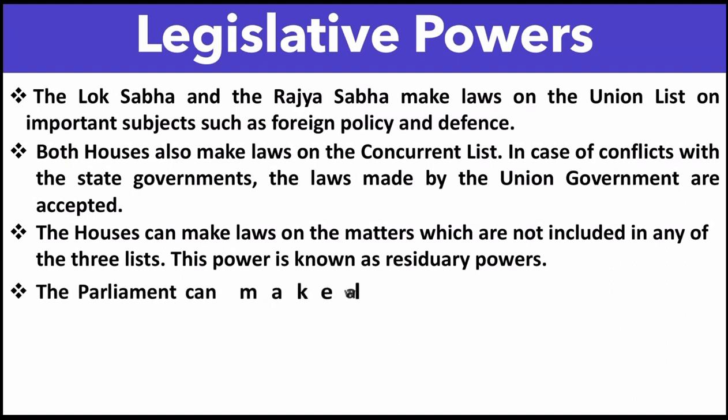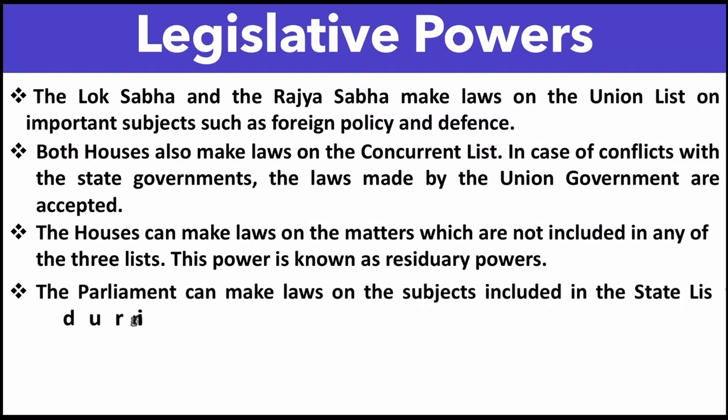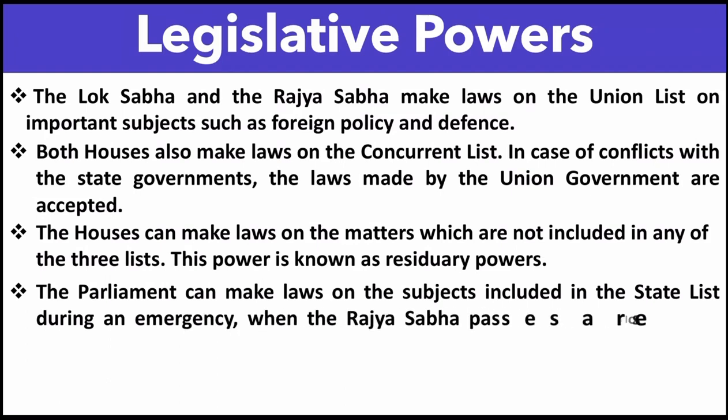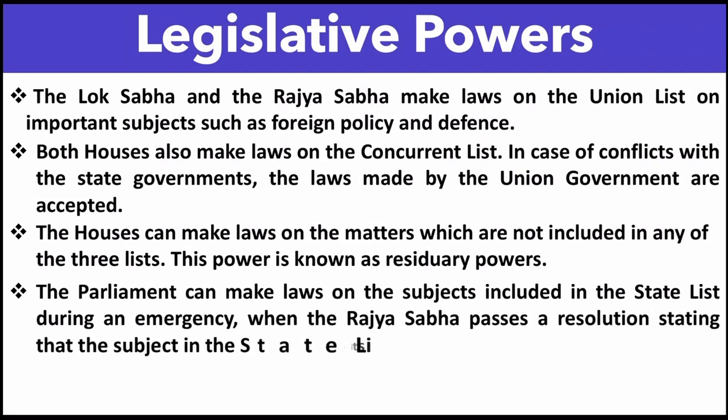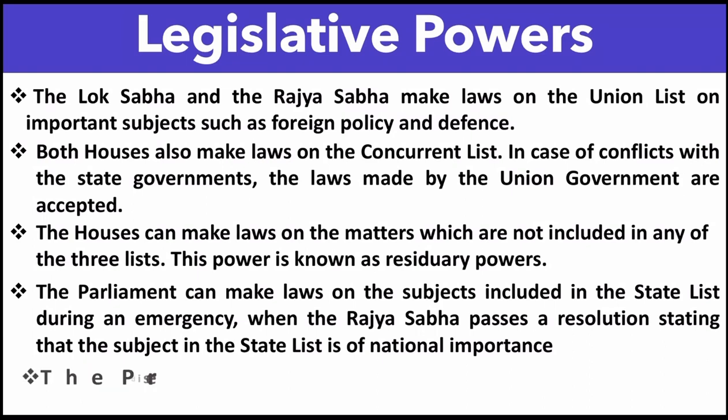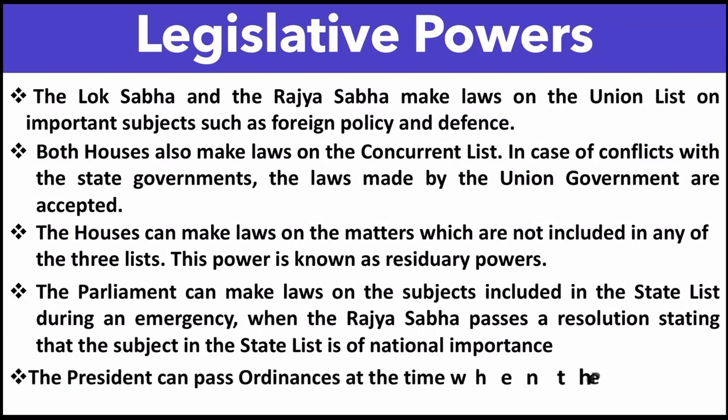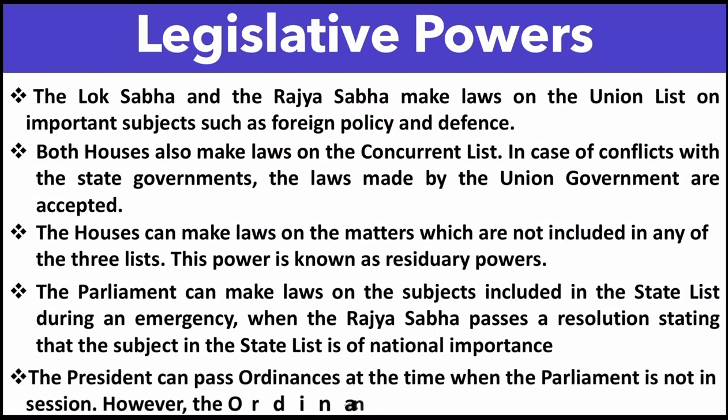Number 4, the parliament can make laws on the subjects included in the state list during an emergency, when the Rajya Sabha passes a resolution stating that the subject in the state list is of national importance. The president can pass an ordinance at the time when the parliament is not in session.